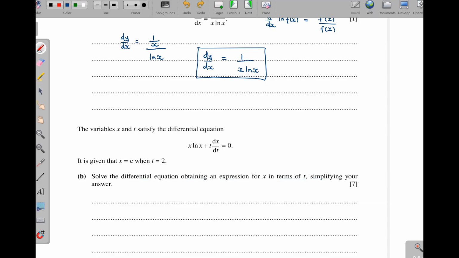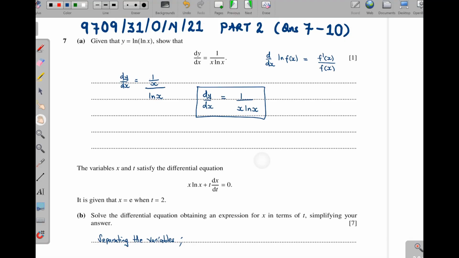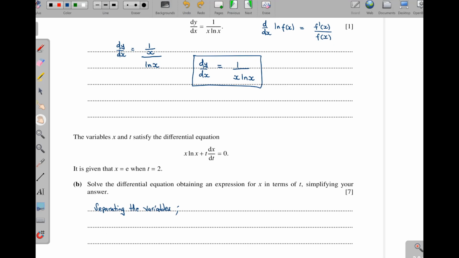Now, what we are going to do here is to first separate the variables, and then after we integrate. Okay, so separating the variables. And in most cases, when they give you differential equations, but they first give you the derivative here, something to differentiate, that means there is a way you are going to apply it in the next part. So let's see what happens.